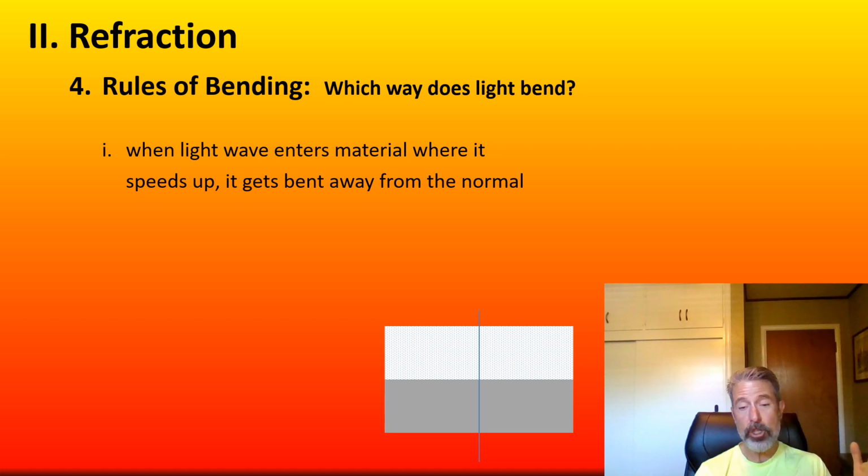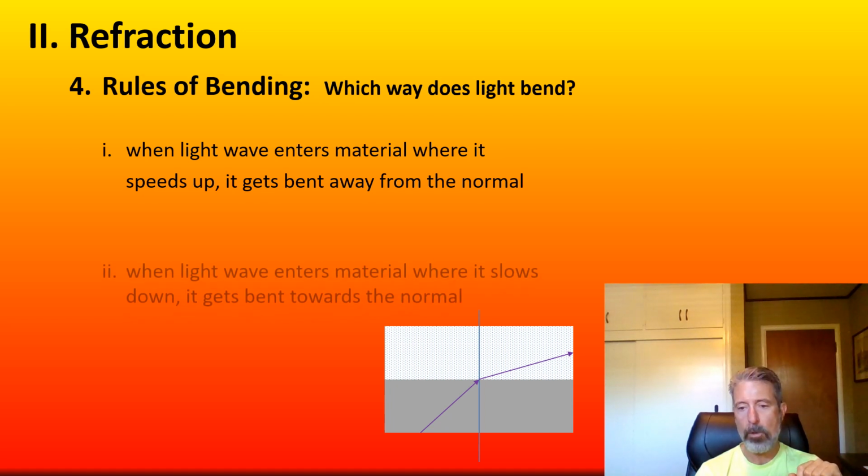If I show you an incident ray here traveling in this medium, perhaps because this is a more optically dense medium, this purple ray gets refracted when it gets bent at the boundary between the new media. So it's entering a medium where the optical density is probably lower and it can actually speed up. When that light wave speeds up, it gets bent away from the normal.